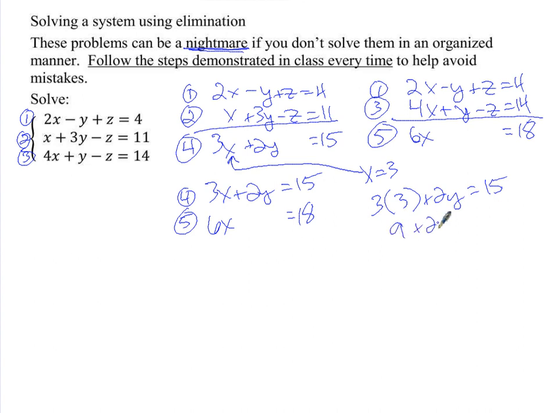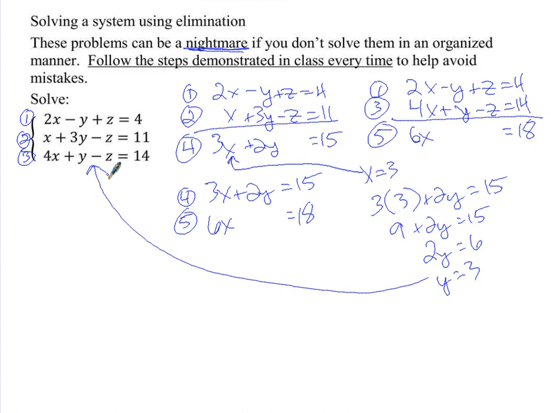So that'll give me 9 plus 2y equals 15. Subtract 9 from both sides, 2y equals 6. Divide both sides by 2 and I get y equals 3. So now that I know that x is 3 and y is 3, I can take that information and go back to any one of my original equations over here and substitute both those values in to get z.